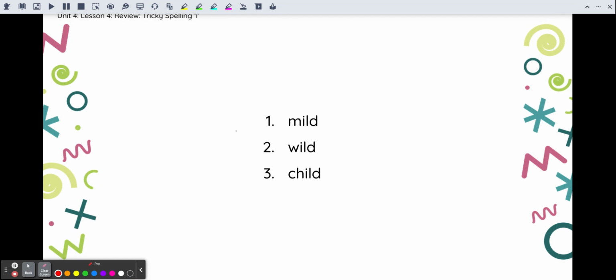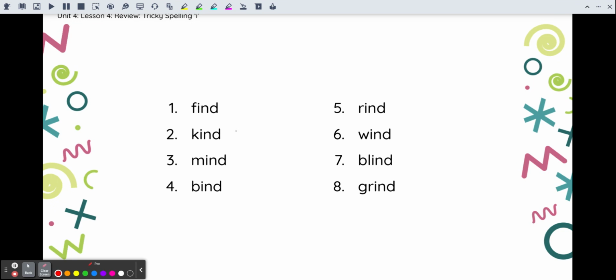Let's look at some more words. Now we have the words find, kind, mind, bind. And if you notice, the IND is saying ind. So we have rind, wind, or that can be pronounced wind. We have blind and grind.